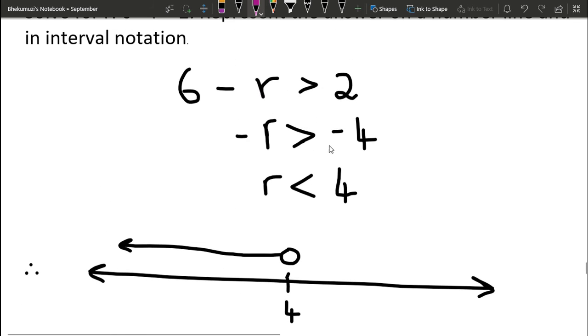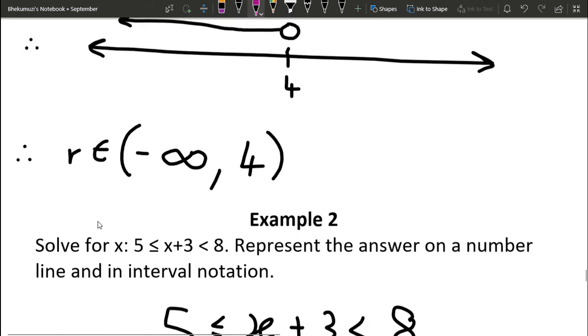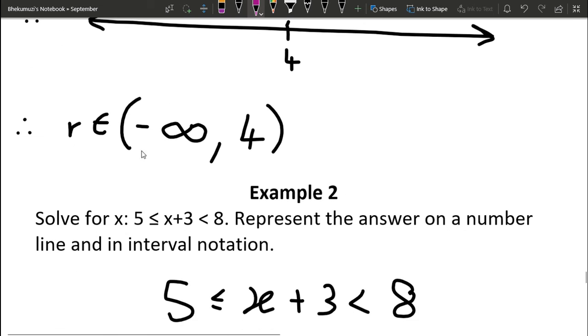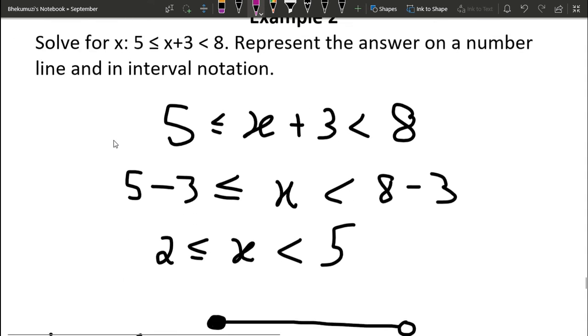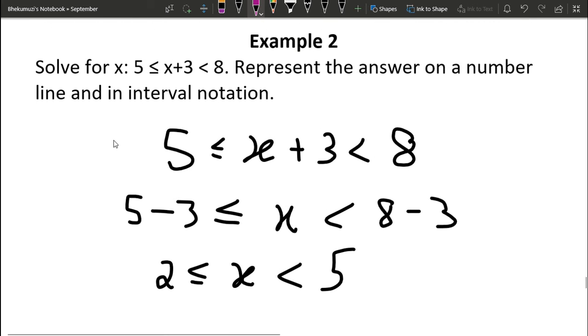So the answer for this particular inequality is that r is less than 4, which means that 4 is not included. We're not including 4, but we're including every single number all the way to negative infinity. But we're not including negative infinity because we can't include it, because infinity is just a number that keeps growing and growing and growing.